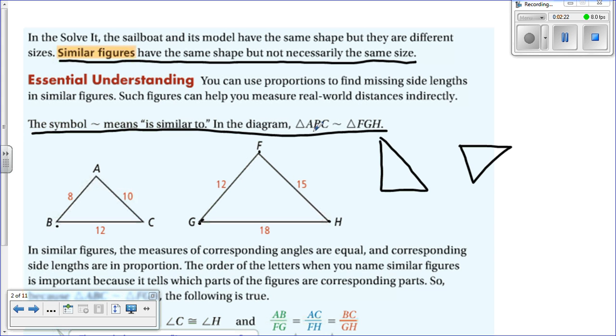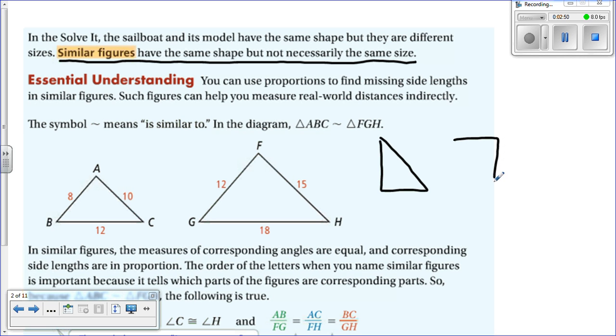So you see these first two letters, AB. That's side AB. If we look at the first two letters over here, FG, it's the same side. And the reason that's important is because what if we rotated one of these triangles? What if we took this triangle and maybe flipped it a little bit, or rotated it?